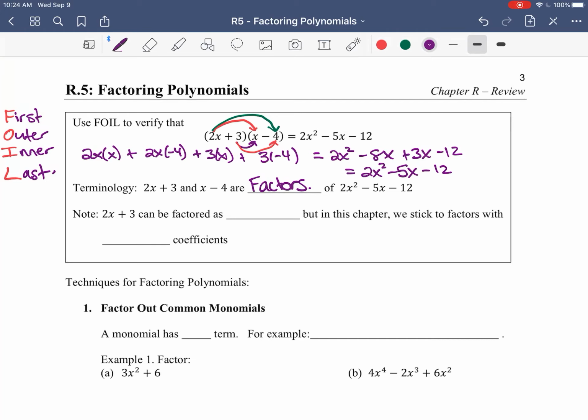Now note, we could factor 2x plus 3 further, so we could take out, say, the 2, and then what we'd have left over is x plus 3 over 2, so a fraction. We don't normally do that, so here we're going to stick to integer coefficients. We normally want the coefficients, so the numbers in front of the x's, to be integers if possible.